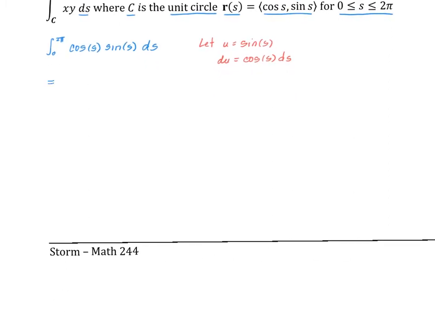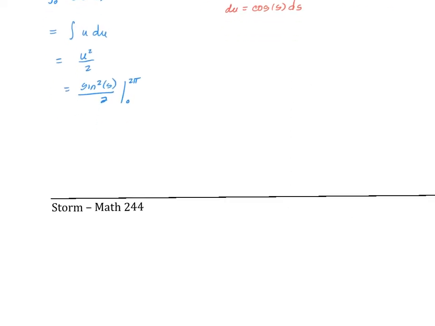I'm just going to leave them off and write this as u du, and my antiderivative is u squared over 2, and then plugging back, sine squared of s over 2, I'm now evaluating this from 0 to 2 pi. I could have changed my limits of integration, but I don't want to, and I'll show you why in just a second.